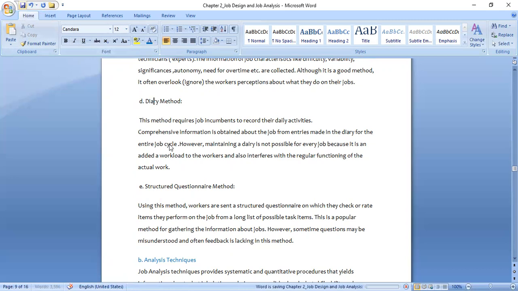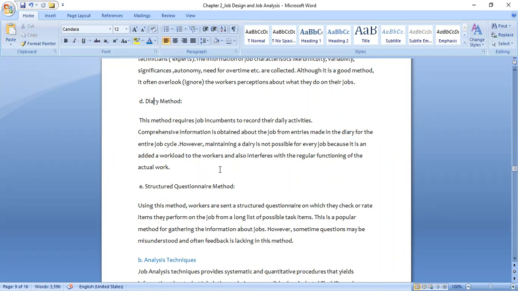So what happens here is that the human resource practitioner will use these workers, these employees at the workplace, and will take information from them, and as they are getting this information, they are recording it in their diary.